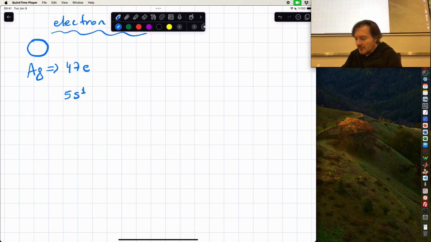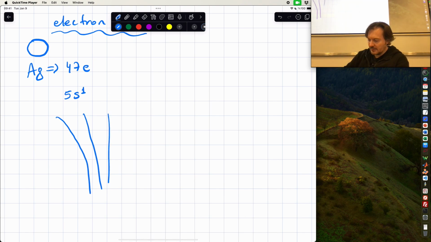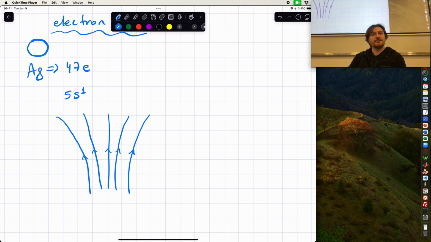So they instead use a magnetic field with a gradient. Okay, a magnetic field with a gradient. So it's like a magnetic field, but it has a gradient. So you can think of it like this. Does it make sense?